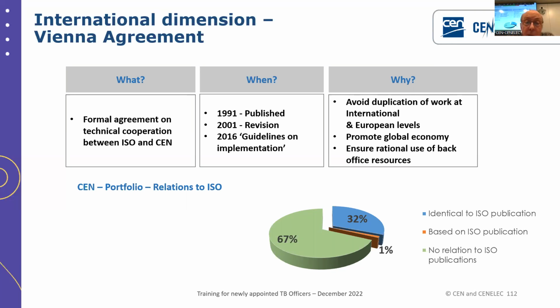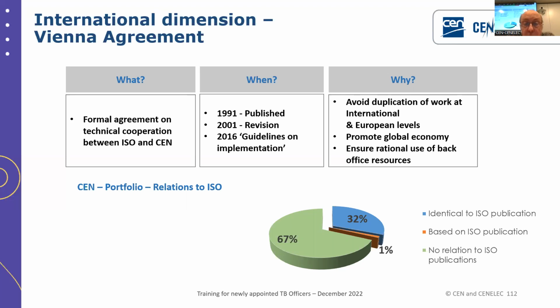It was initiated back in 1991, revised in 2001, and there are some guidelines for implementation. The basic aim is to avoid duplication of work between international and European level. And of course, similar to European standardization, ISO is trying to promote the global economy.